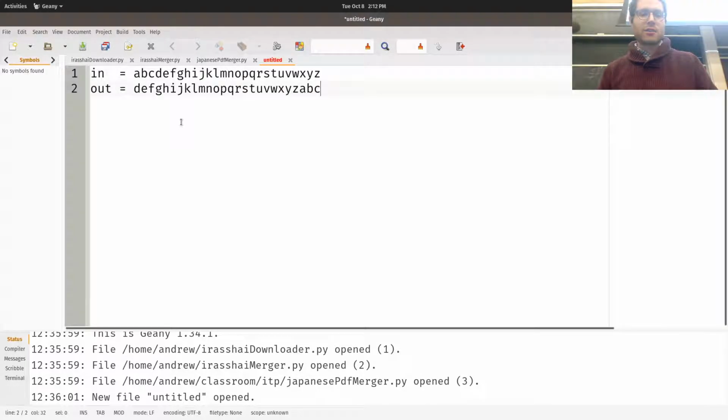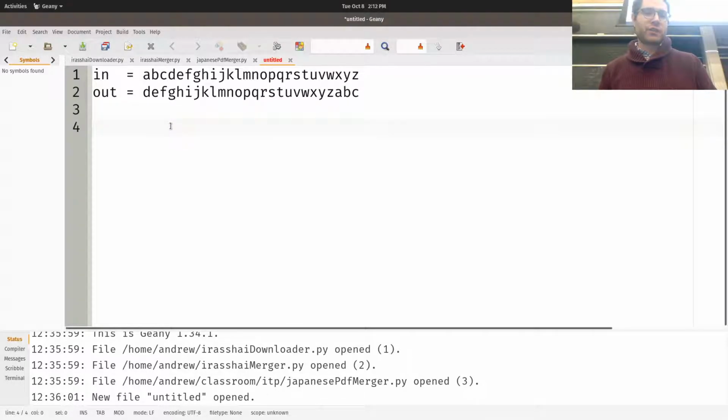But the idea here is if I want to send a message, and just like programming languages have Hello World, cryptography has its own version of Hello World, which is attack at dawn, which goes back to the whole military aspects of cryptography. Attack at dawn will be translated: A goes to D, T goes to W, A goes to D, C goes to F, okay?